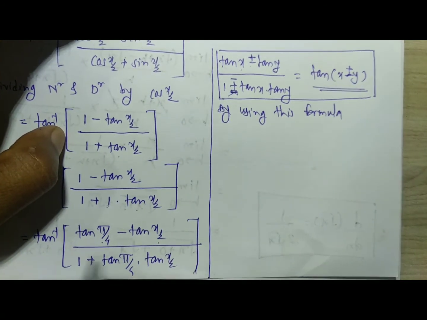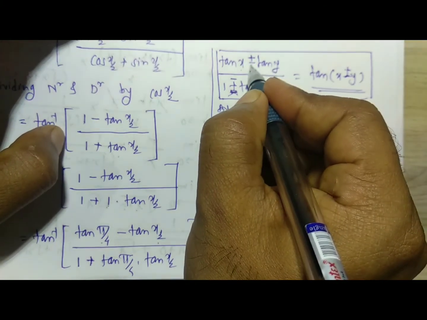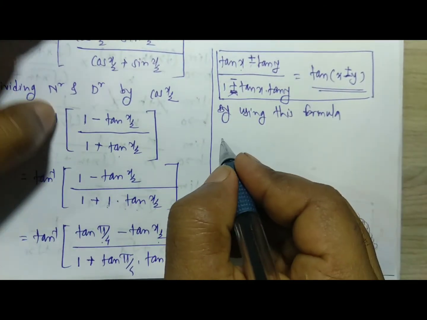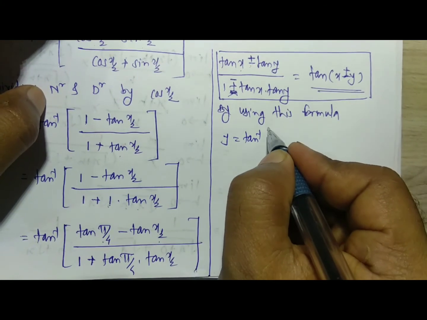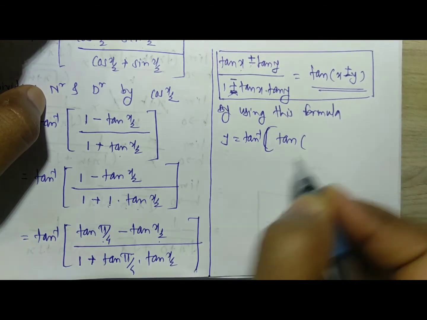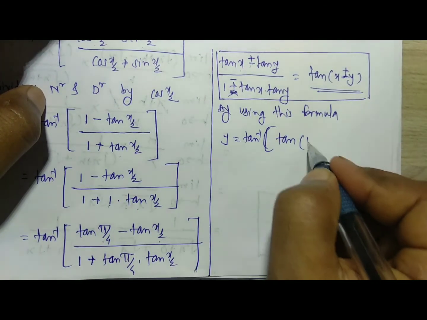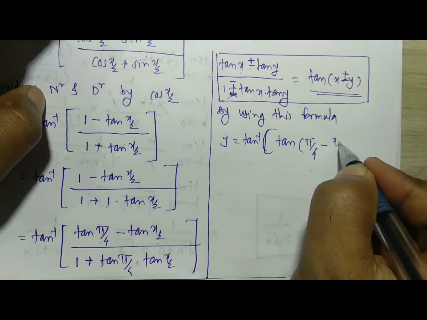Now we use the formula with minus in the numerator, and therefore you will get y is equal to tan inverse inside the bracket tan of (pi by 4 minus x divided by 2).